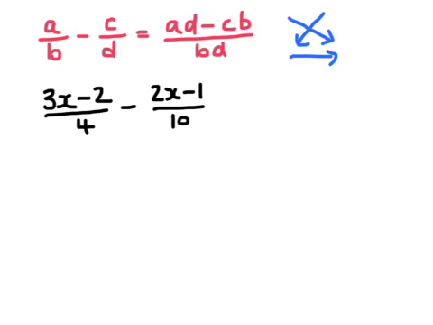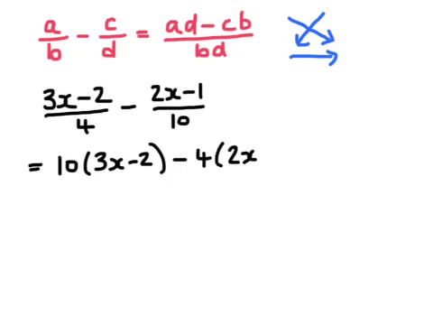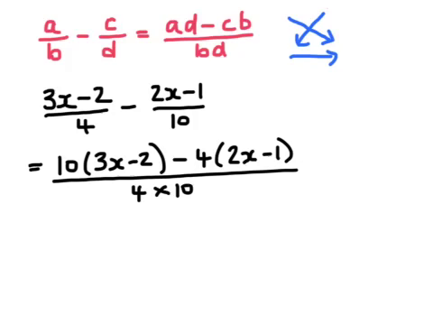So that will give us 10 times 3x minus 2 minus, now when I'm multiplying 2x minus 1 by 4, that's the same as 4 times 2x minus 1. So I'm going to write it in the way I'm used to seeing, which is the number outside the bracket. So minus 4 times 2x minus 1 divided by 4 multiplied by 10.